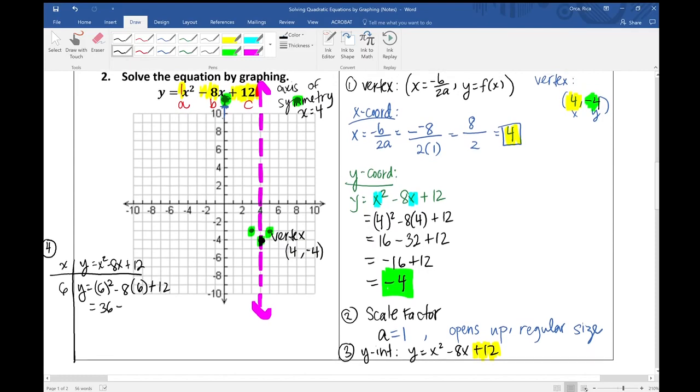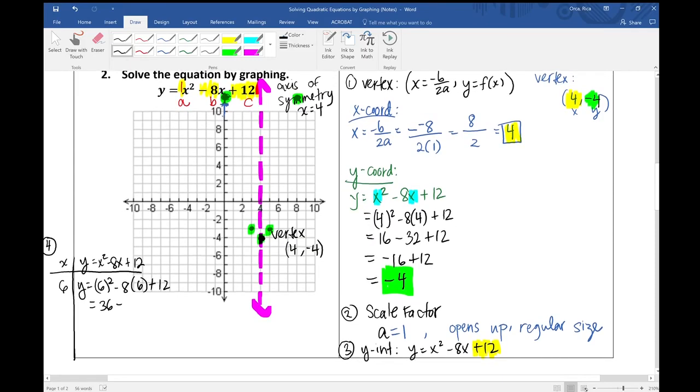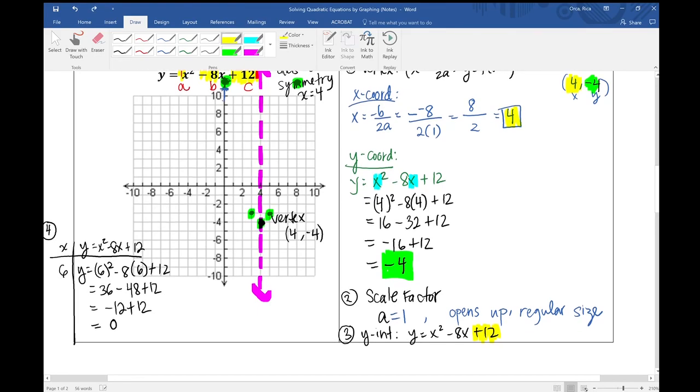Negative 8 times 6 is negative 48 plus 12. 36 minus 48 is negative 12. And negative 12 plus 12 is 0. So my next point is at 6, 0.